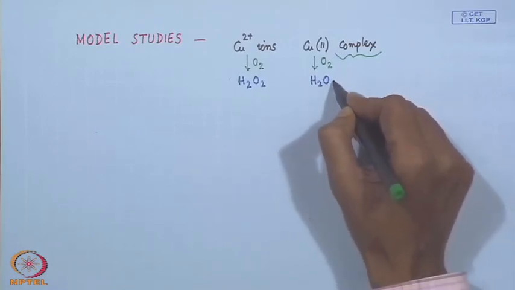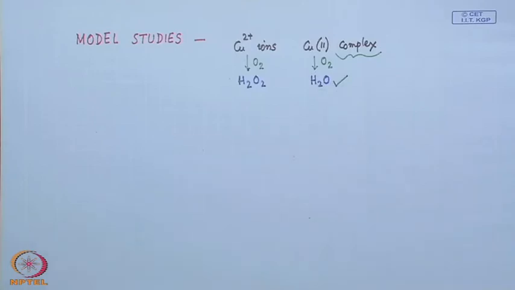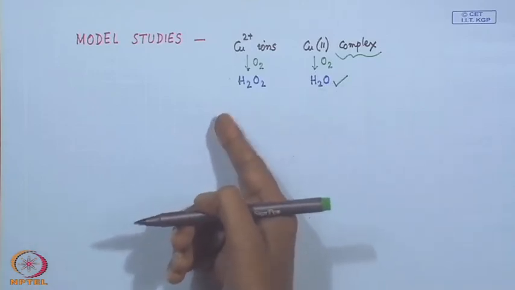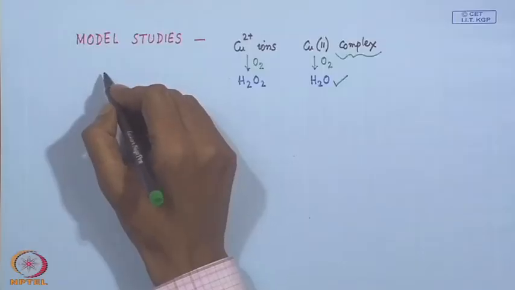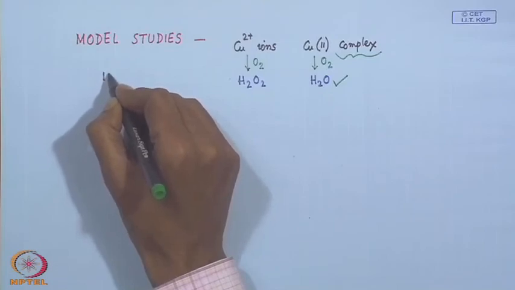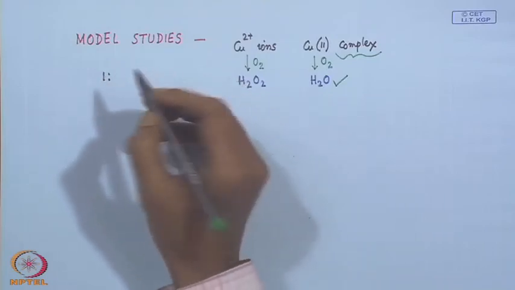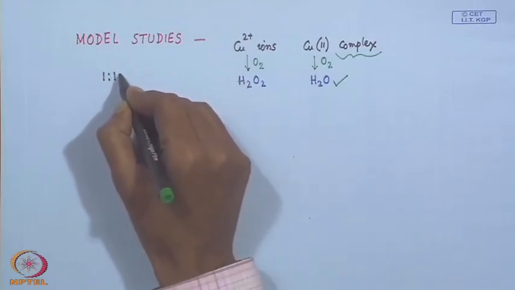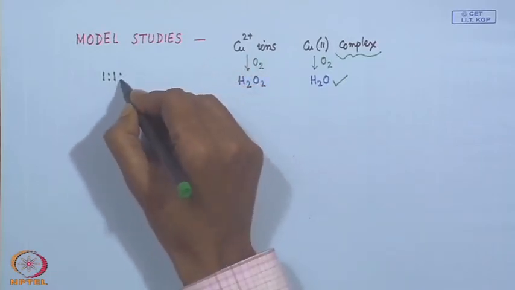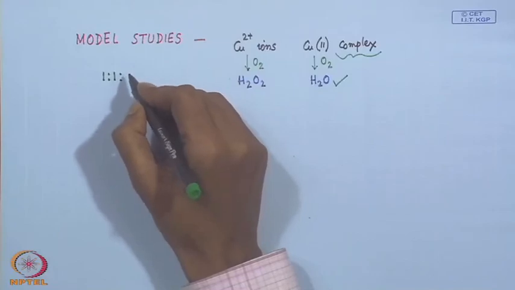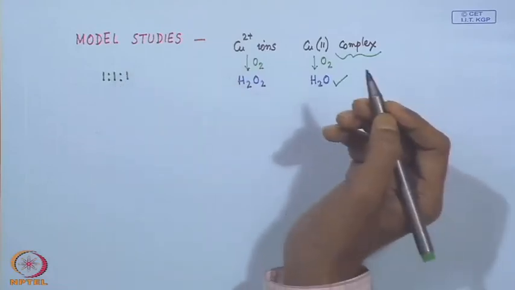And in the case of ascorbate oxidase, your product is not hydrogen peroxide, your product is water. So, you have one copper center, then the substrate center and the dioxygen center.